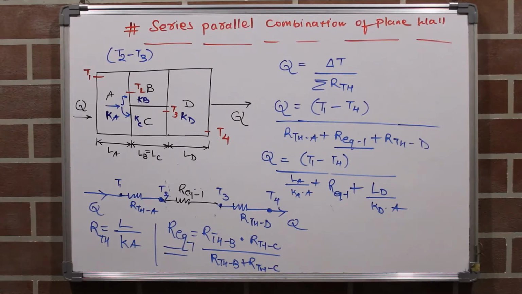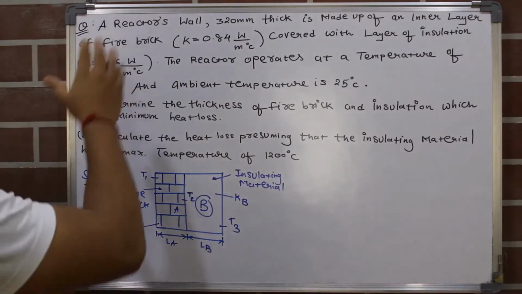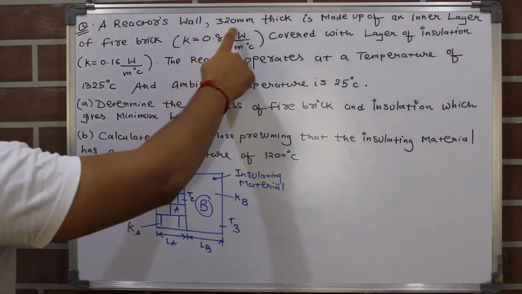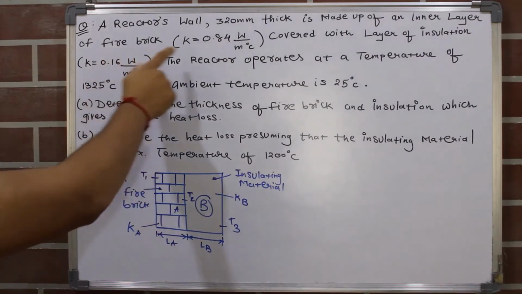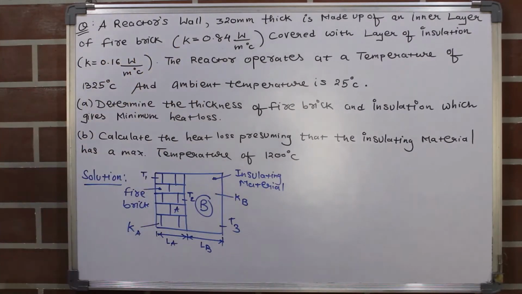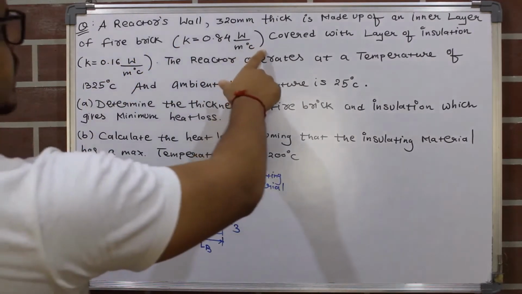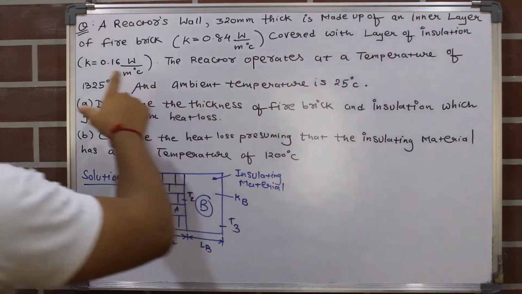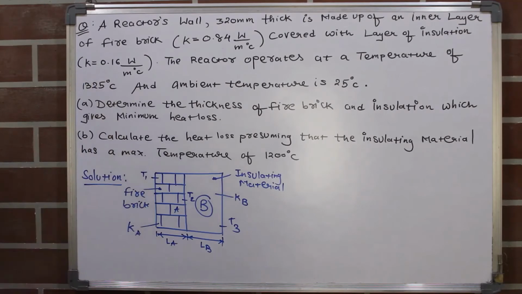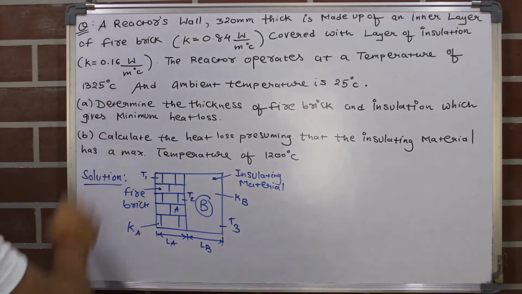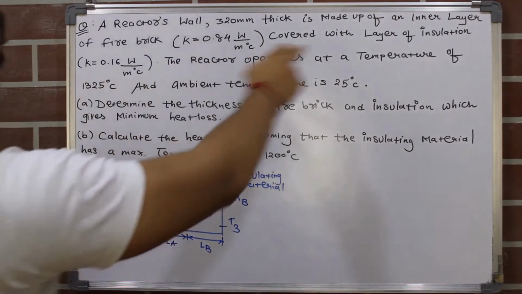Now we will solve the sum. The numerical is: a reactor's wall 320 mm thick is made up of an inner layer of fire brick having thermal conductivity 0.84 watt per meter degree Celsius, covered with a layer of insulation, where K is 0.16 watt per meter degree Celsius, that is the thermal conductivity of the insulating layer.